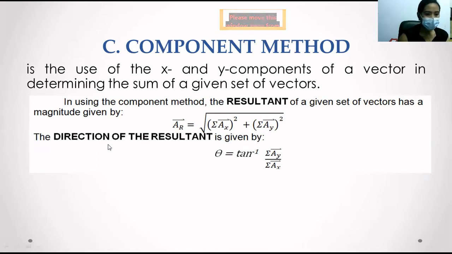The direction of the resultant vector is given by angle theta equals arctangent of the summation of y components of the vectors divided by the summation of x components of the vectors.